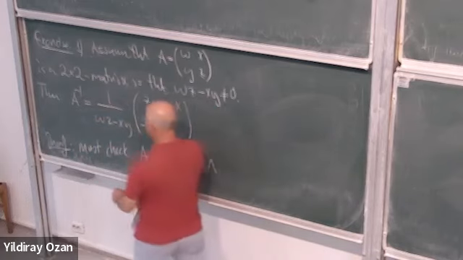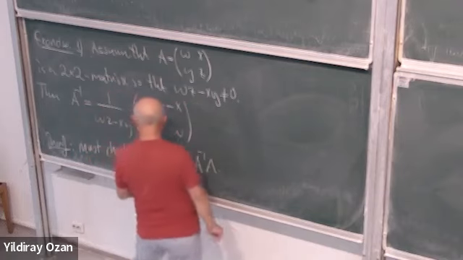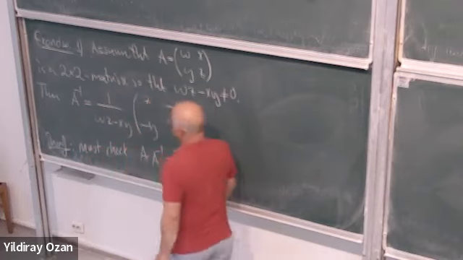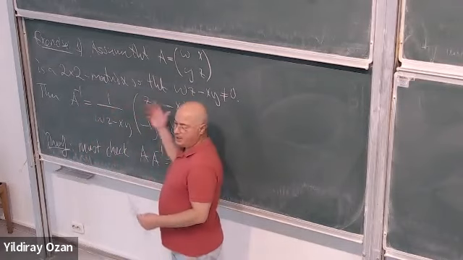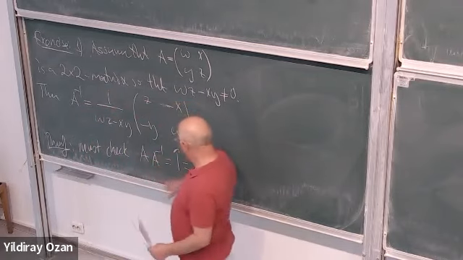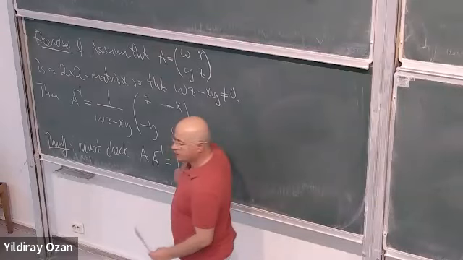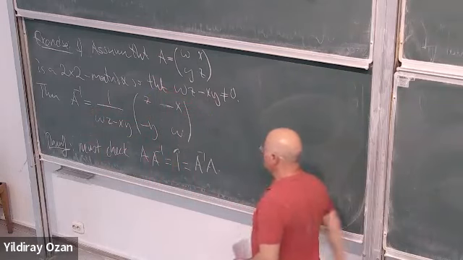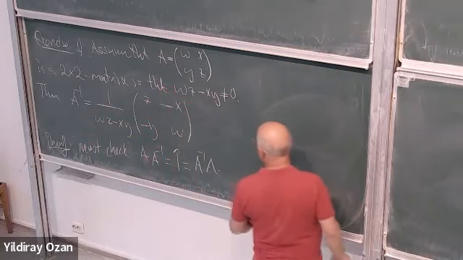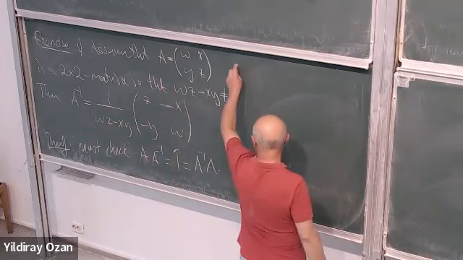Actually, one should call this B, and then A times B and B times A is identity. Then this B will be A inverse. But we can just skip that. Let's see if this is true.